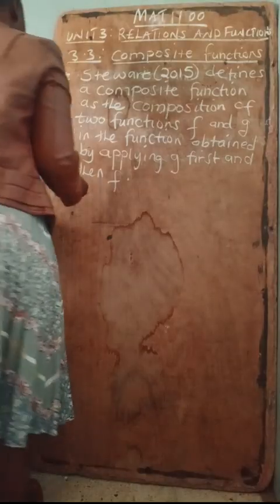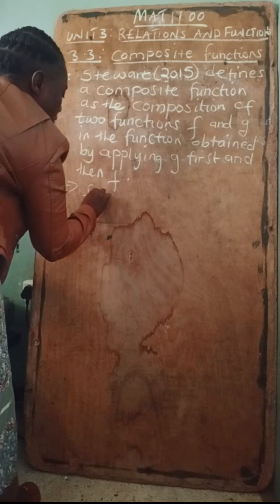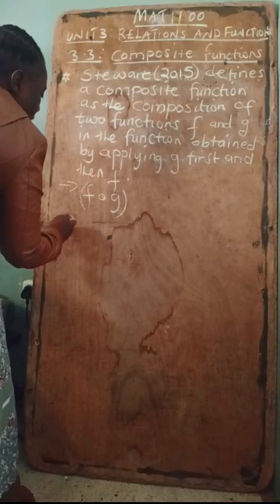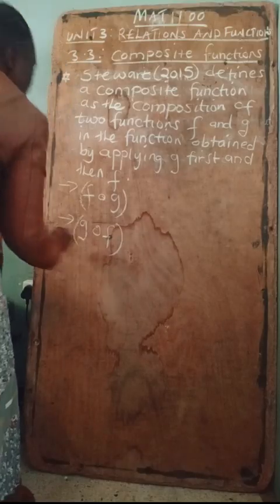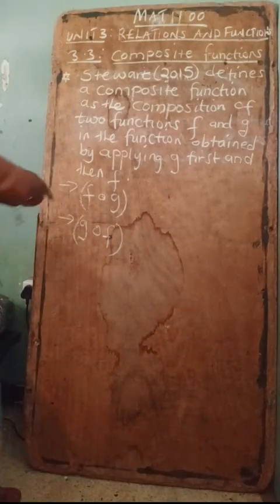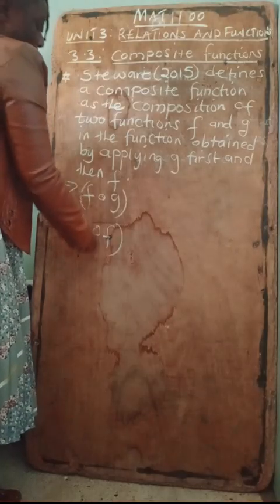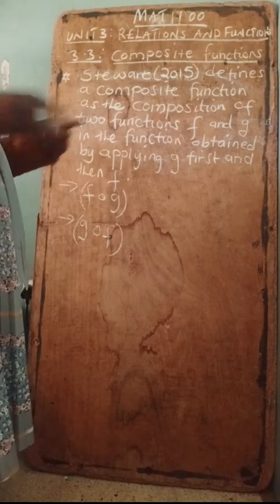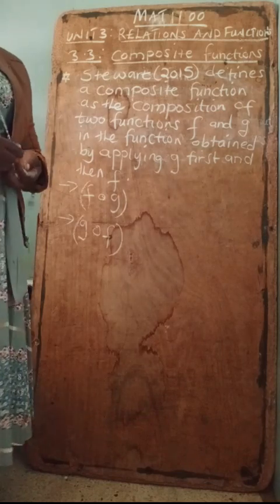This can be denoted as f of g, or if you want to start with g, g of f. So this is read as f of g or g of f. When we put two different functions together to make one function, we call it a composite function.